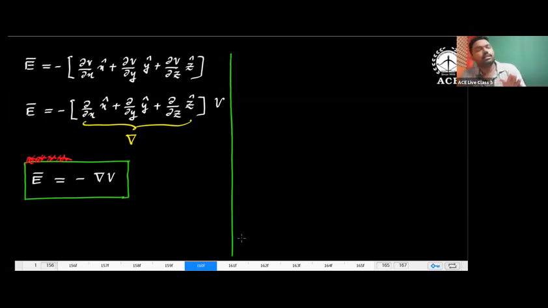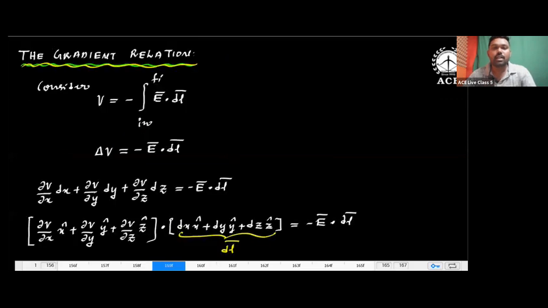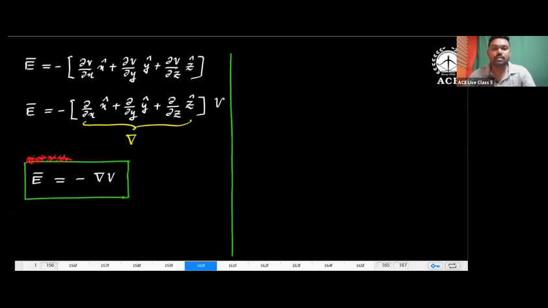Magnitude of the gradient is the maximum rate of change of a scalar quantity in three-dimensional space. And the direction of the gradient is normal to the level surfaces. Clear? So what are the level surfaces here? You are going to get the equipotential surfaces.